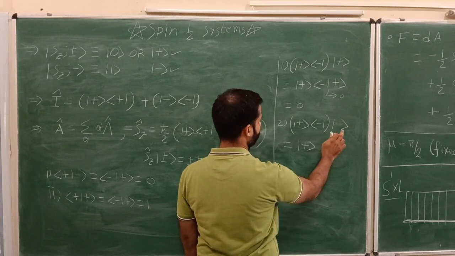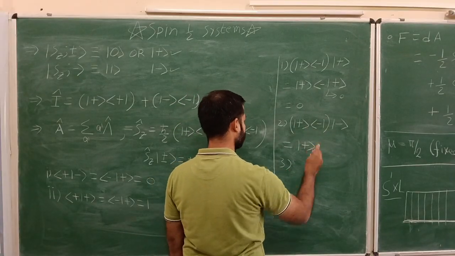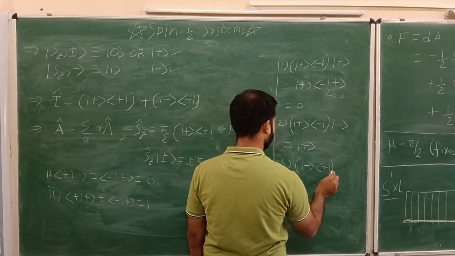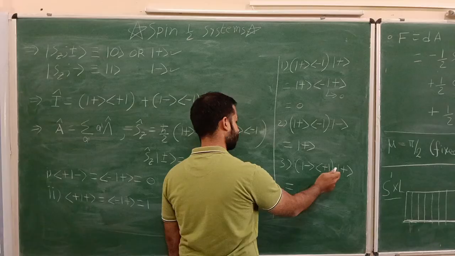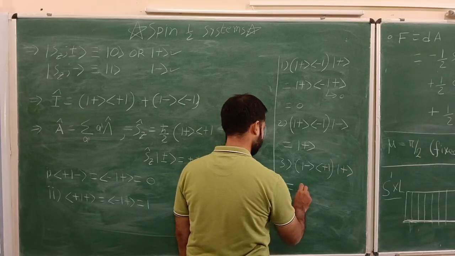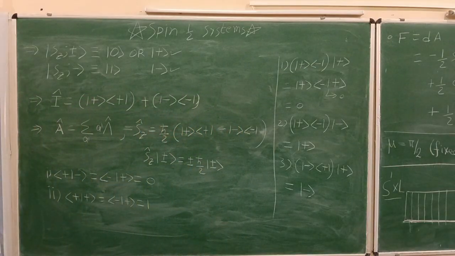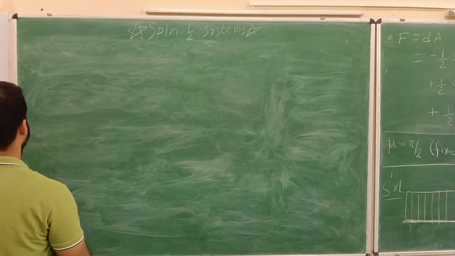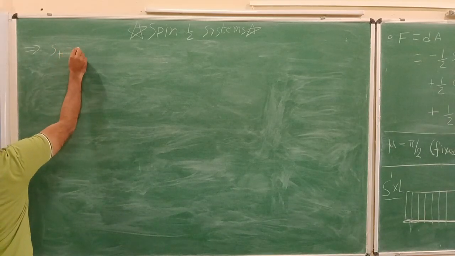So this operator acting on this state changes it to the positive state. If I reverse this now, and operate this on plus state, this positive and positive bracket will give you 1 and come to negative state. So we propose two operators.